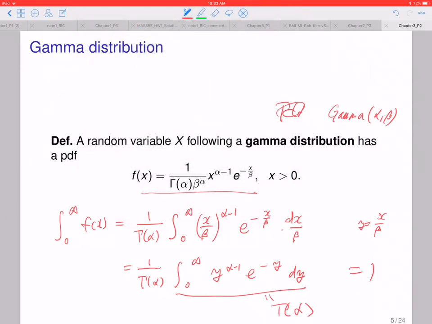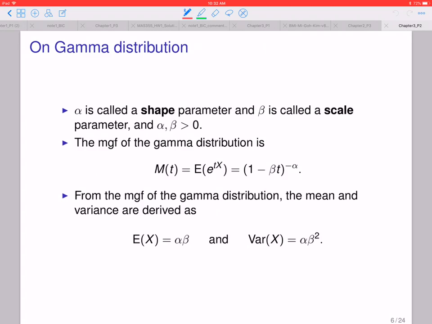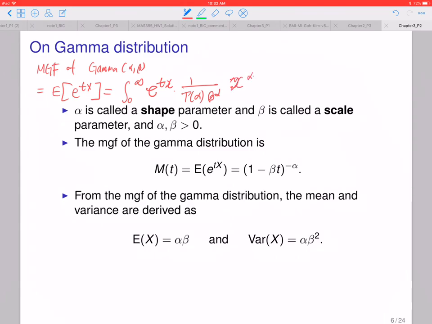You can derive the MGF easily. The MGF of gamma(alpha, beta) is the expectation of e^(tX), which is the integral of e^(tx) times the PDF, beta^alpha over gamma(alpha) times x^(alpha minus 1) e^(minus beta x) dx.